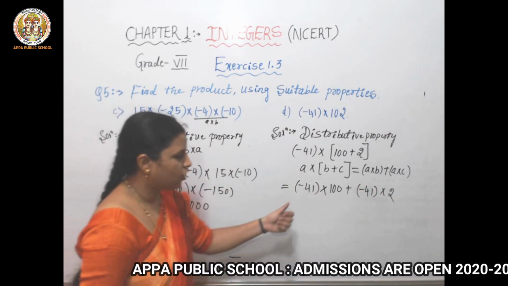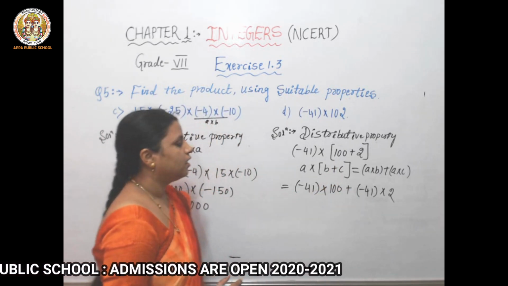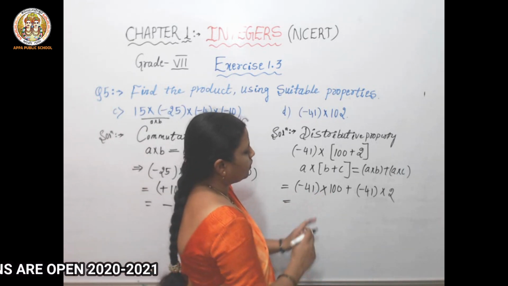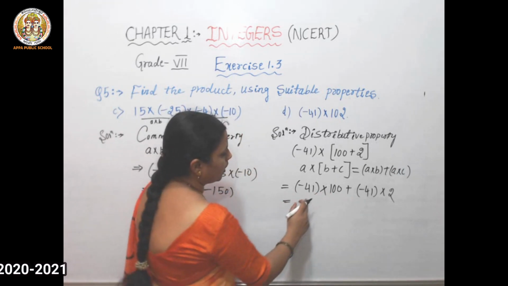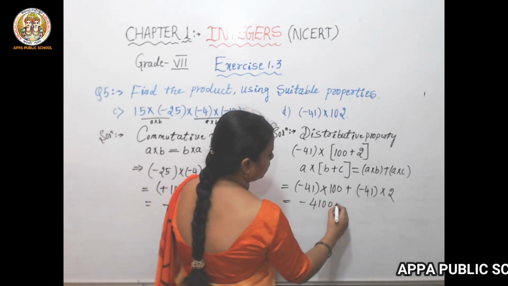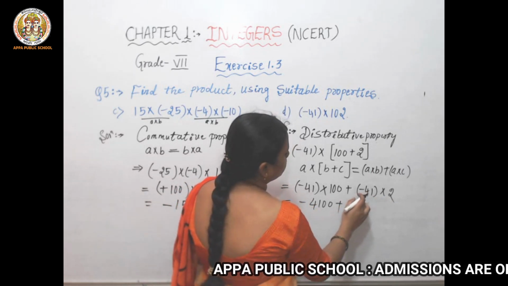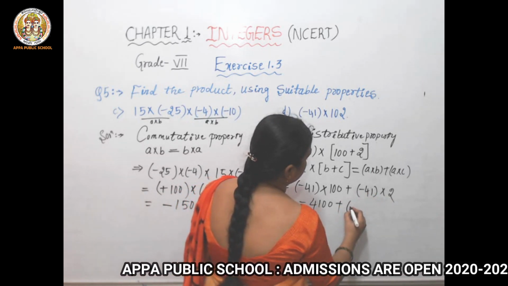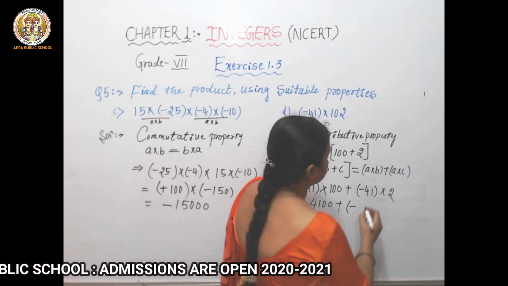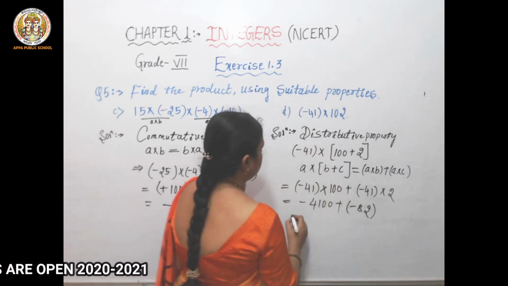Now we got the common term. As I said, if there is a common term, we should use the distributive property. Now, minus 41 you can multiply directly here. Minus 41 into 100 is minus 4100 plus minus 41 into 2. So here plus into minus is minus, 41 into 2 is 82.